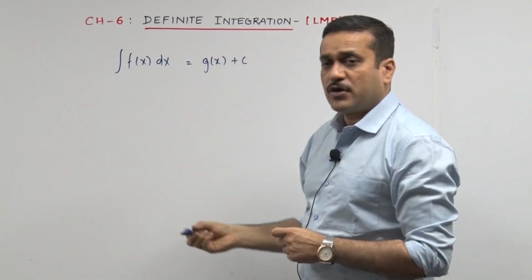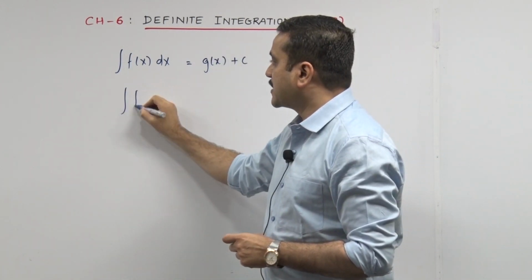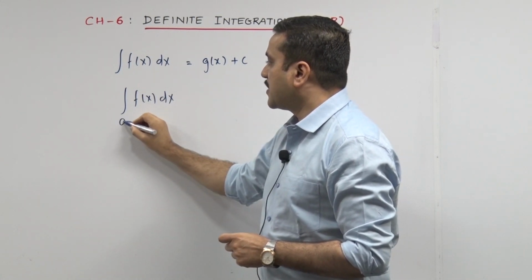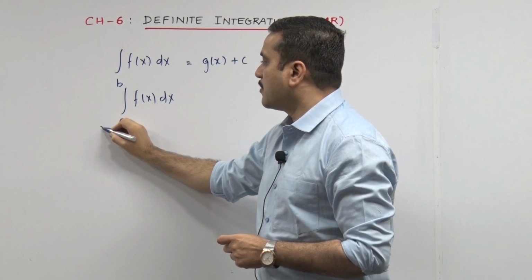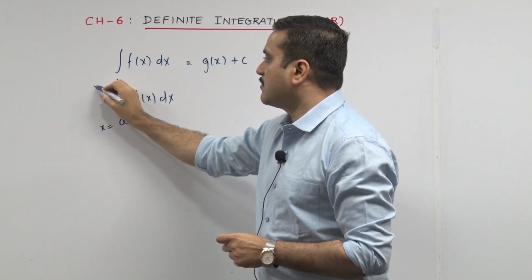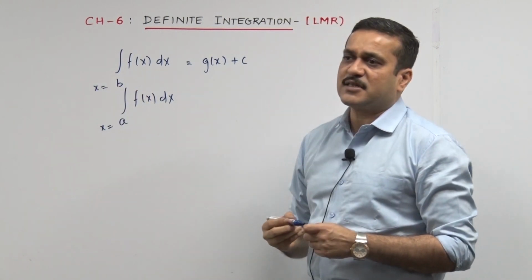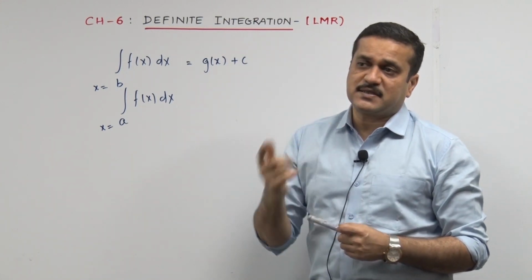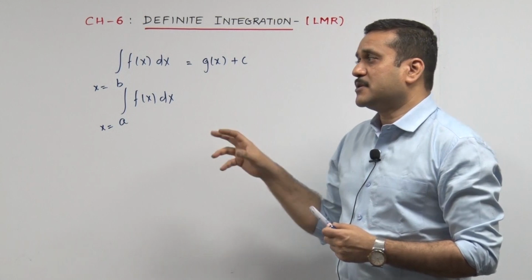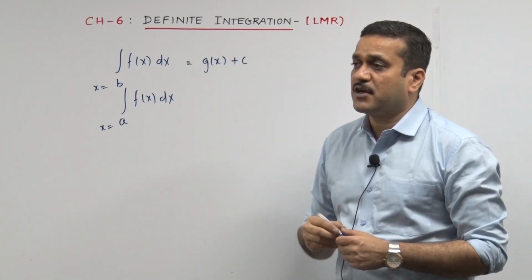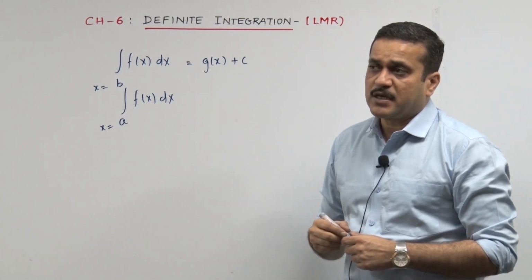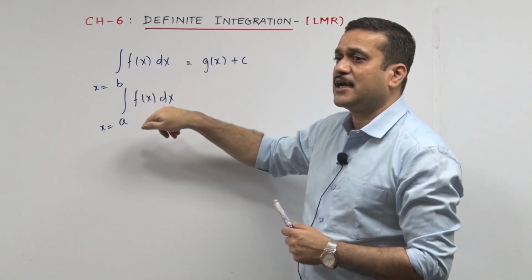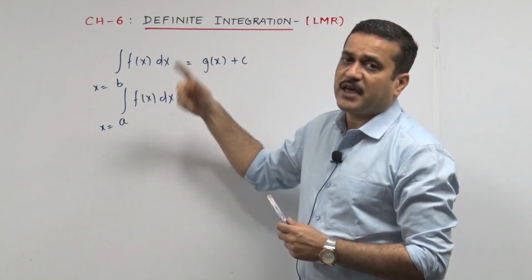Now when you want to integrate your f of x with respect to x from a to b, it means from x equal to a to x equal to b, but while writing sums we don't write x equal to. That means you want to integrate your function between the two limits a and b. So we say it's integrating f of x dx from a to b.